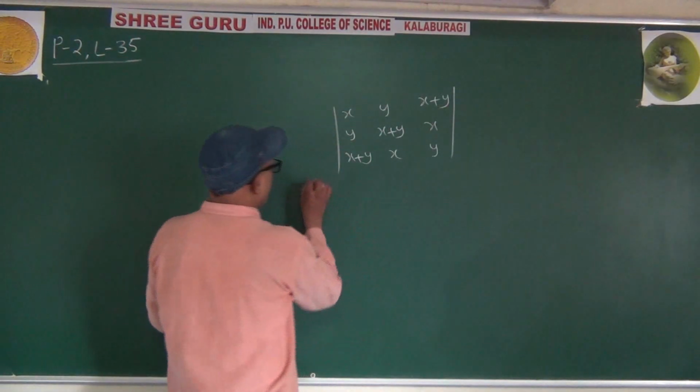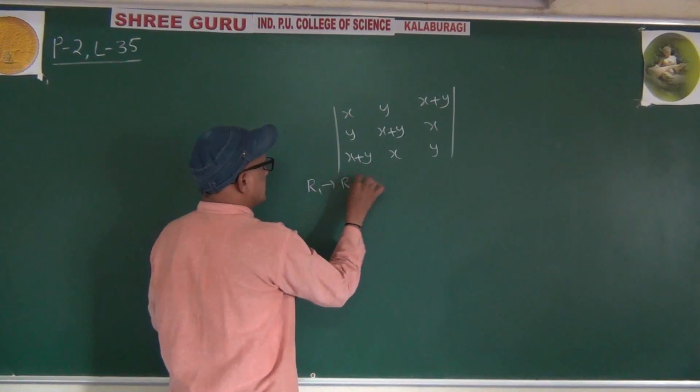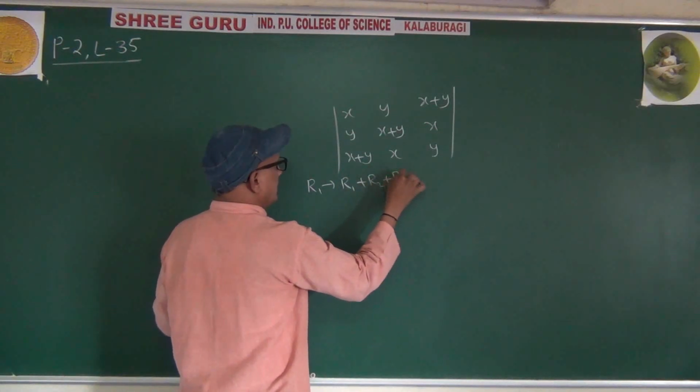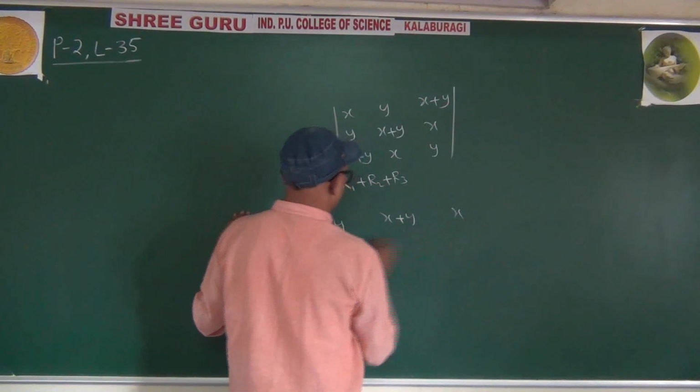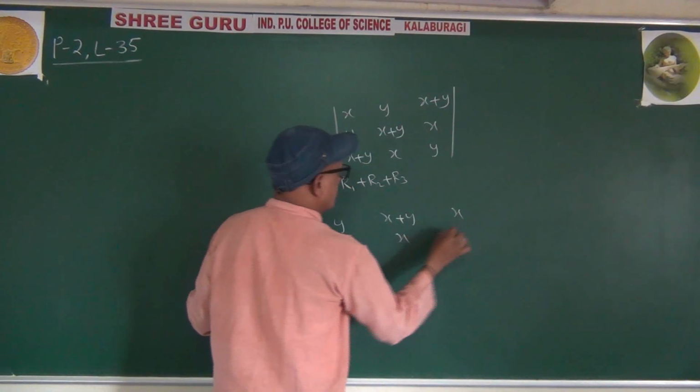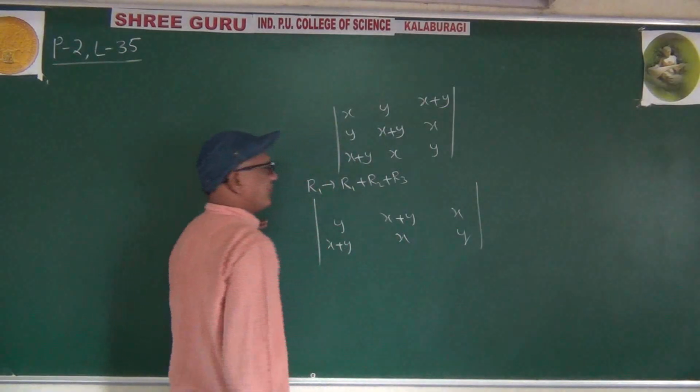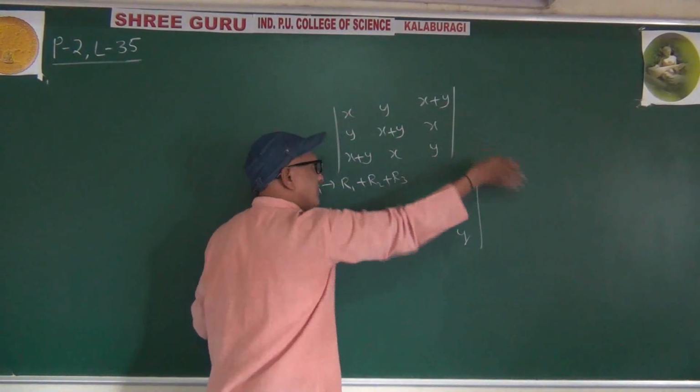What I am doing? I am going to do like this. R1 I am changing, R2 as it is, R2. This question is homework only, I am just giving the clue. Add all these three, enough.